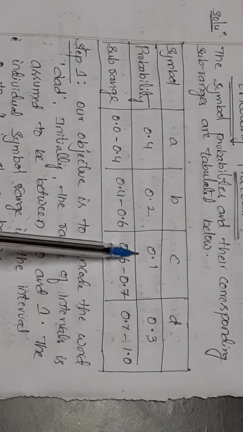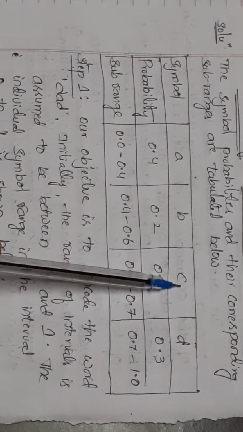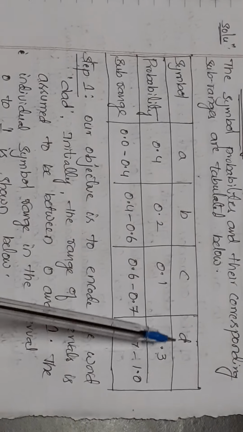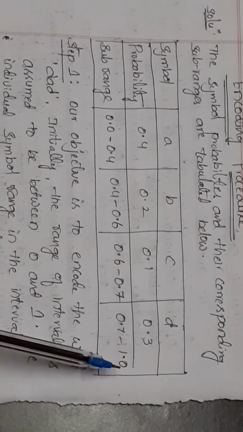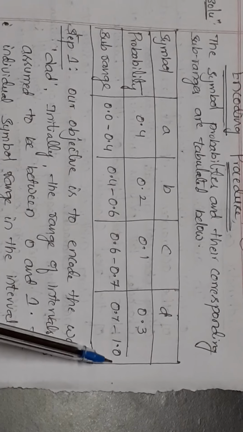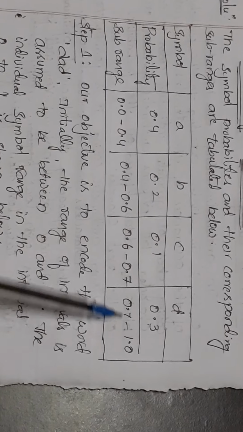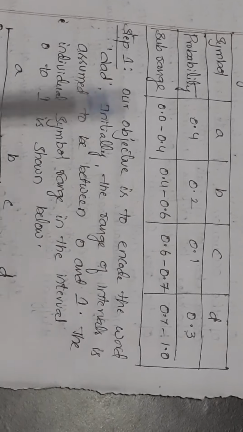Similarly, the next probability is 0.1, so 0.6 to 0.7 is C, and then 0.7 to 1.0 is D. You can check that the total probability should be from 0 to 1 only. It should not exceed 1 because of the probability theorems. So the probability range should be 0.0 to 1.0.